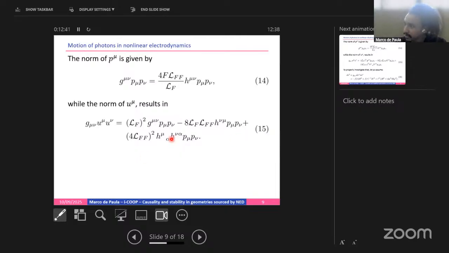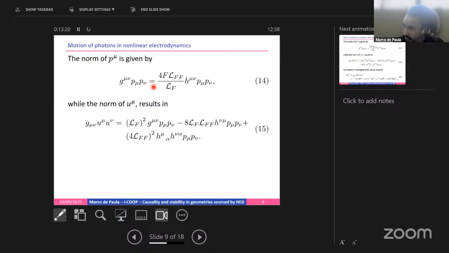Notice that on the right-hand side of equation 15, the first term is precisely the norm of the full momentum. So this means that the norm of the full momentum of photons in nonlinear electrodynamics is not parallel to the norm of the full velocity. So you can have situations where we have causal motion, but the norm of the full momentum is space-like, for instance.